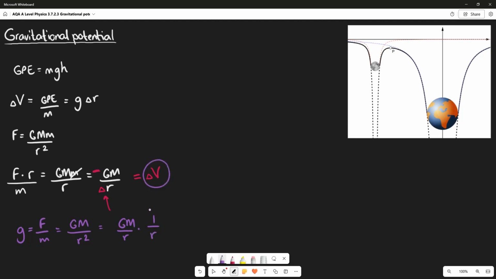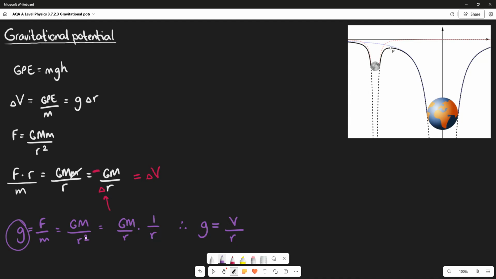The change in gravitational potential is equal to this, which is also here. Therefore, gravitational field strength is equal to gravitational potential divided by radius.